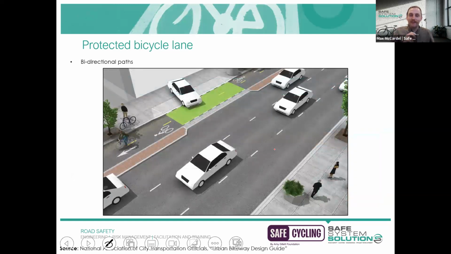The concerns that we have with bidirectional lanes is if we think about motorists that are exiting a minor leg or a driveway or a car park or whatever it is. So we're focused on this vehicle here exiting. And intuitively, they are focused on oncoming traffic.